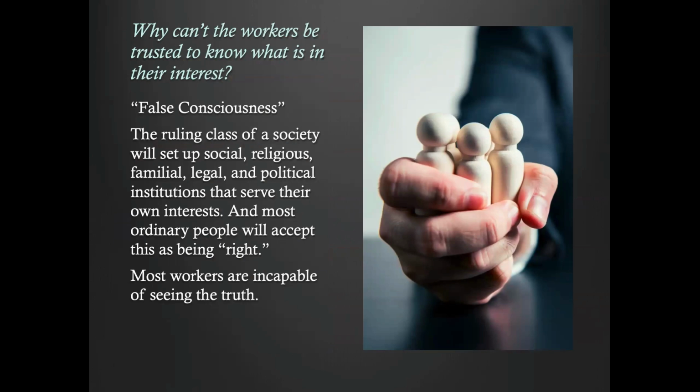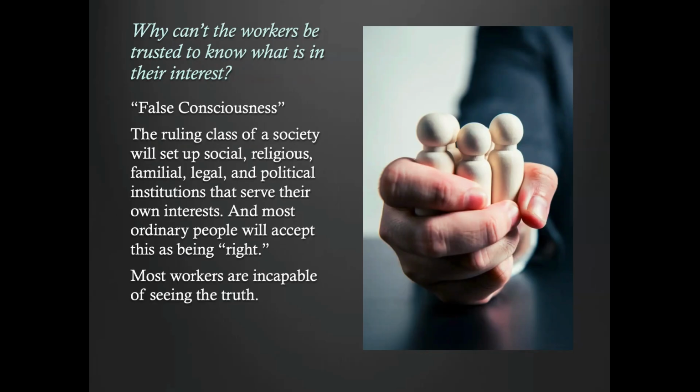And here we have the problem of false consciousness. Now, Engels uses this phrase, false consciousness. Marx doesn't use it a lot, but he talks about something akin to it. And later Marxists would definitely rely on this idea of false consciousness. What is false consciousness? Well, the ruling class of a society will set up social, religious, familial, legal, and political institutions that serve their own interests.